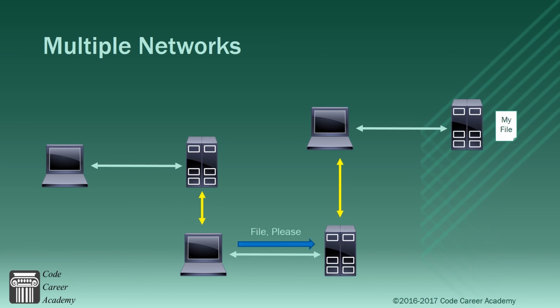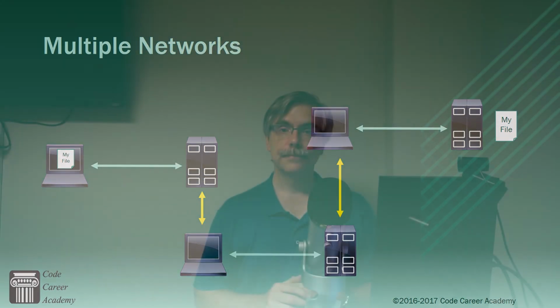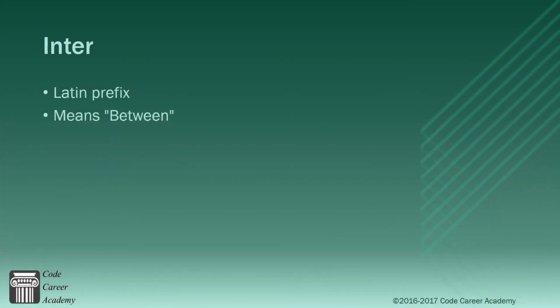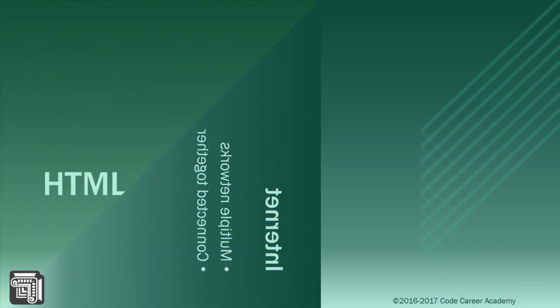Now a computer in one network can send a request to a computer in a different network. To understand the word internet, we have to remember that inter is the Latin prefix for between. Just like you call a road between states an interstate, we call this massive set of connected networks the internet.